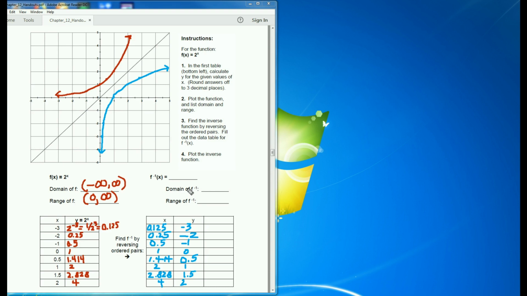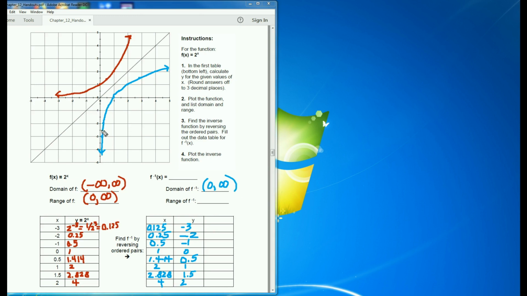So the domain, in this case, what values of x does it look like I can put in? Well, it looks like, you know, this is never going to cross the y-axis or get negative. So it looks like the domain is just positive numbers. So in other words, 0, comma infinity.